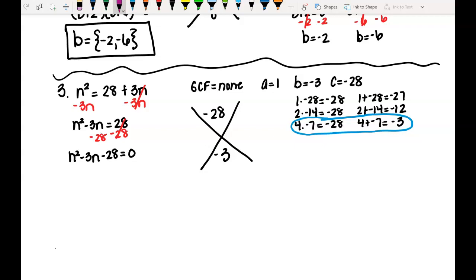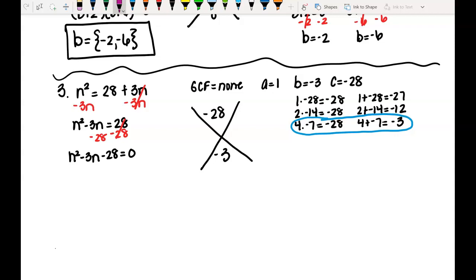Yes, absolutely, because of the -3, the 7 has to be the negative, because that's the only way I'm going to get a negative sum. So when you're determining positive and negative, you have to look at your sum. If your product is negative and your sum is positive, that means your smaller factor is negative.